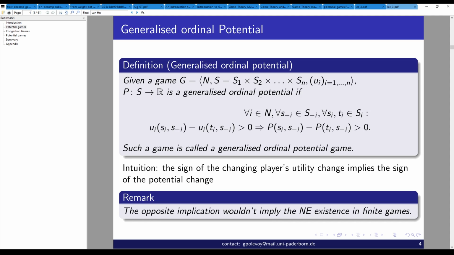So the first notion is the most general definition of a potential game, and that's called generalized ordinal potential.